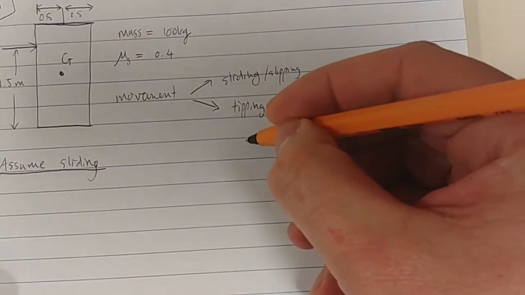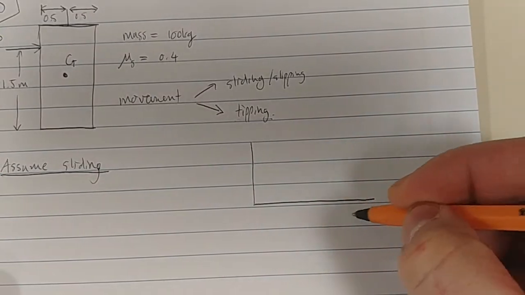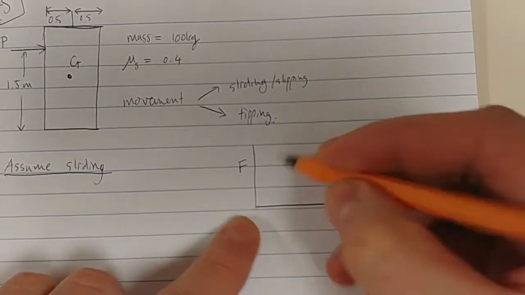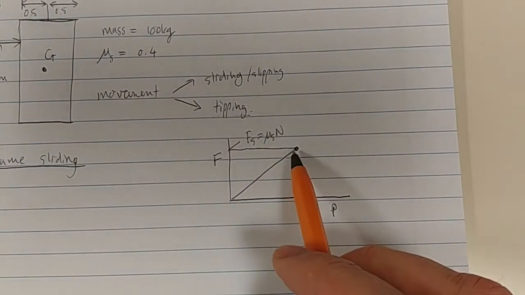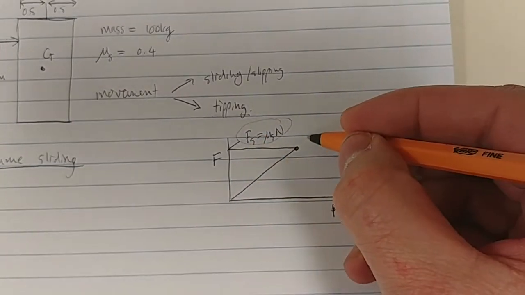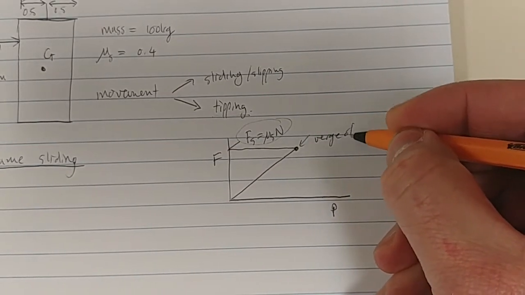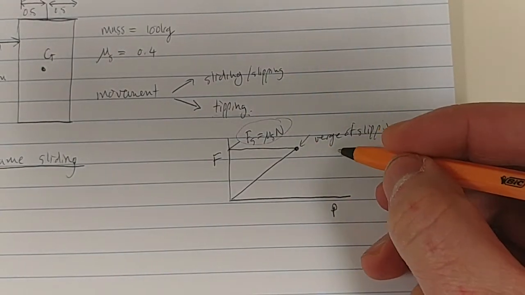Just a quick reminder that if we keep increasing P, the frictional force keeps increasing up until a point where at that maximum point we get Fs equals μs N. Remember, that is your limiting static friction, and you can only apply this equation at the point of slipping, the verge of slipping, or impending motion.